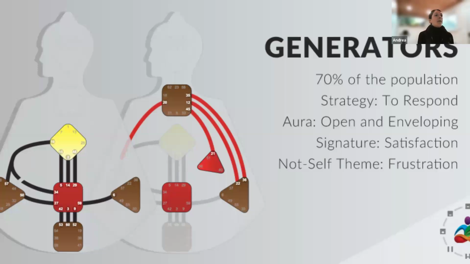It could be that a friend invites them to go see a movie and they say, yes, I want to see that, or no. A key way for generators to know what to respond to is usually they get a gut feeling, like yes, this is good for me, or no. A lot of times they explain it as noises, which I can relate to as a generator, having just a response that I don't even consciously think about sometimes, but it's like, yep.